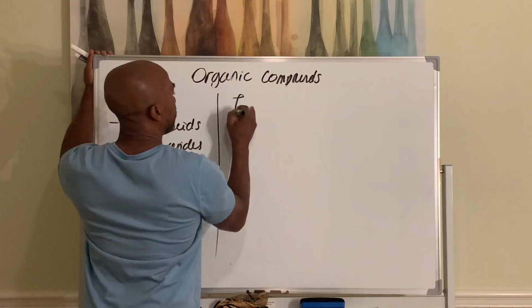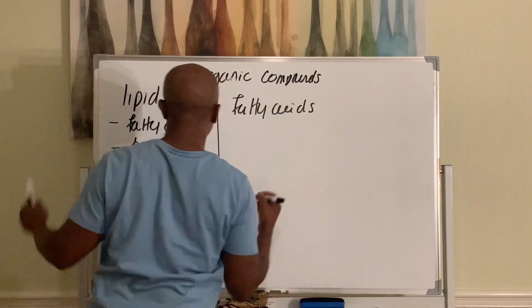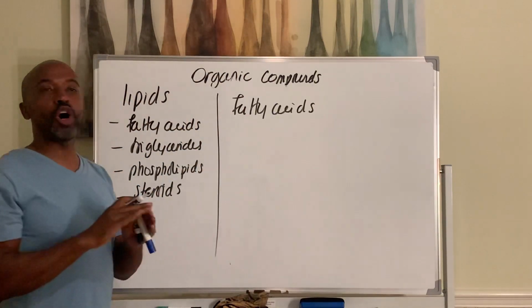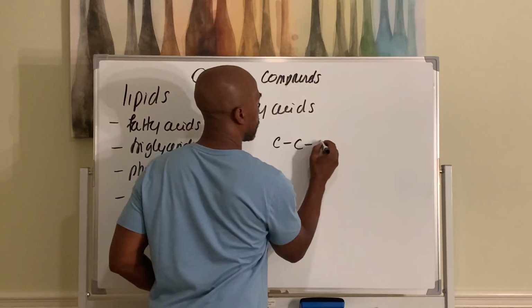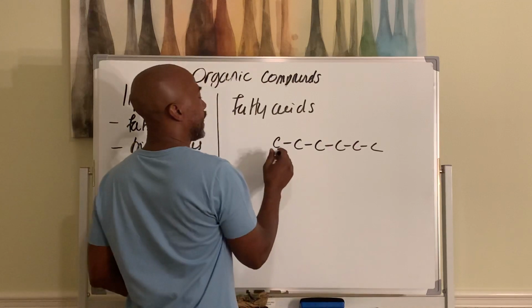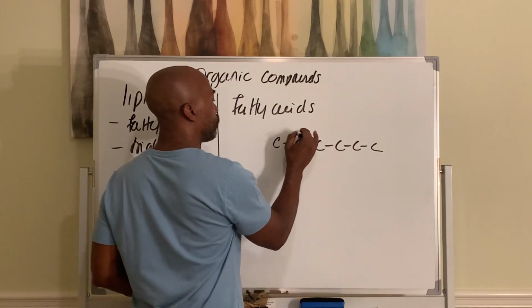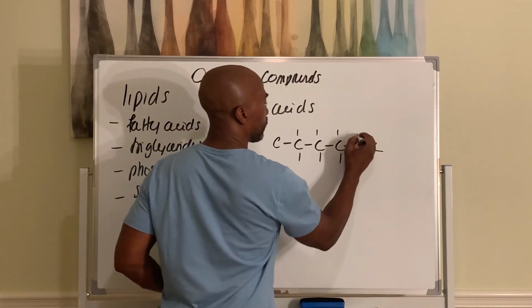So fatty acids structurally are basically long chains of carbon. Carbon, carbon, carbon, carbon, carbon, carbon. And the carbons are usually surrounded by H's.